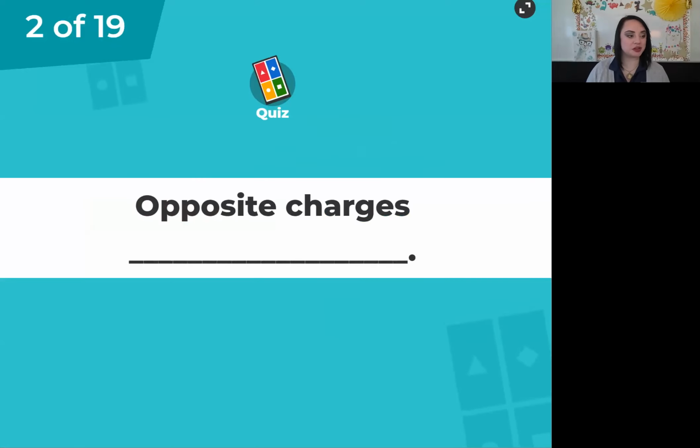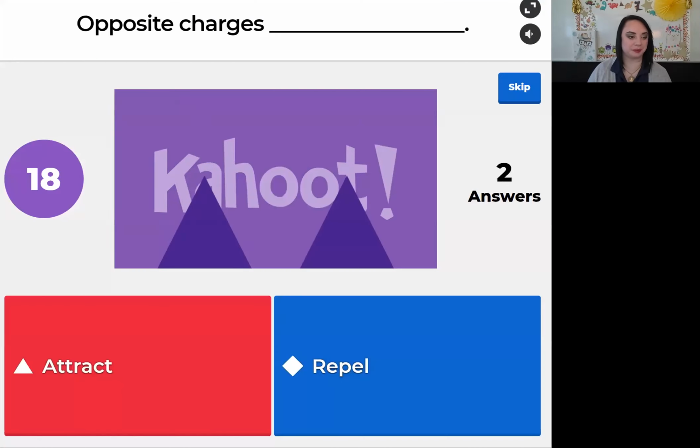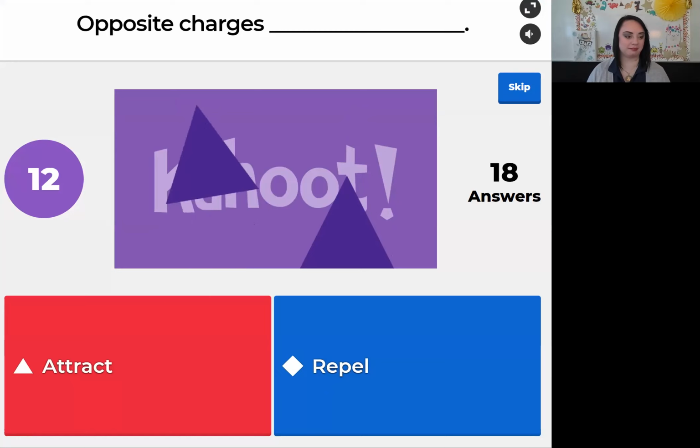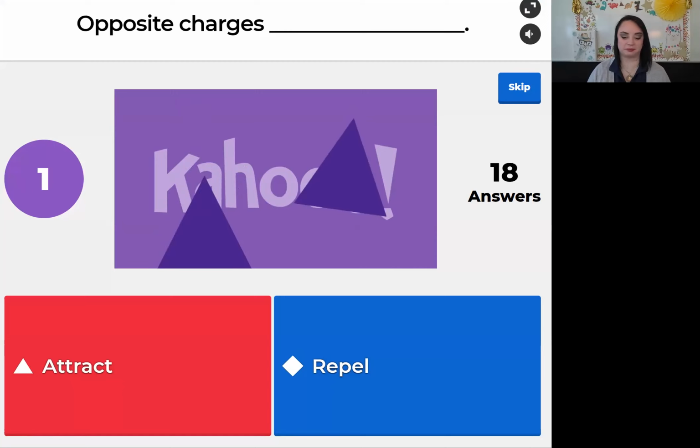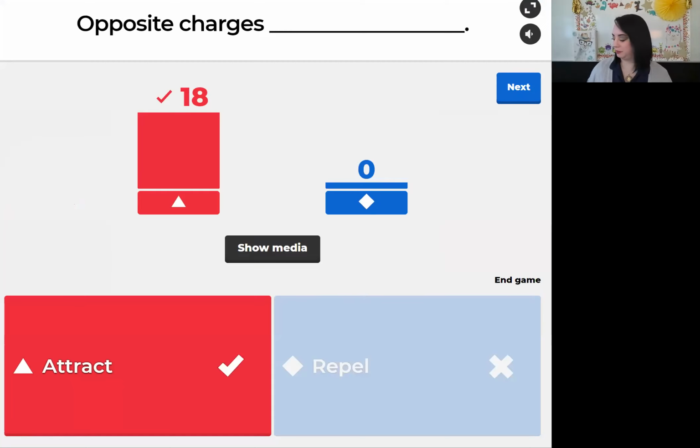What do opposite charges do? Good. They attract each other.